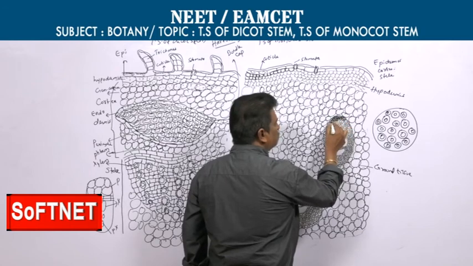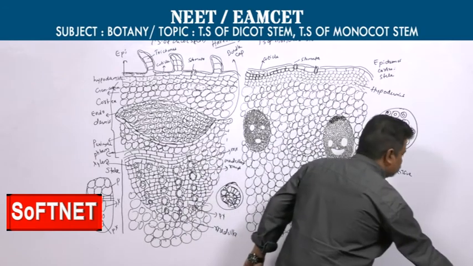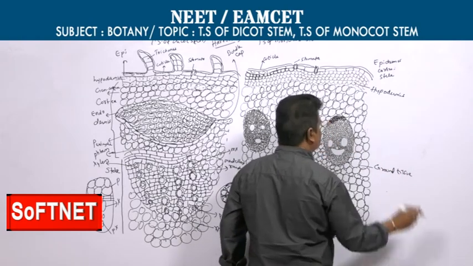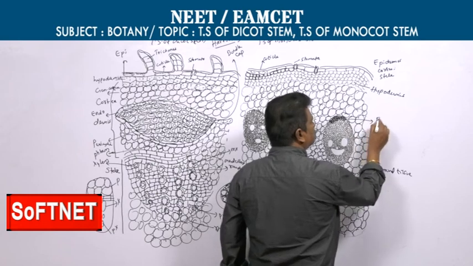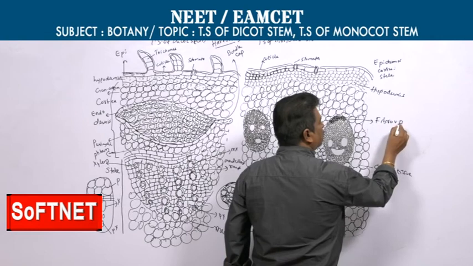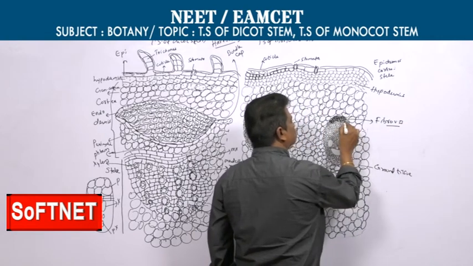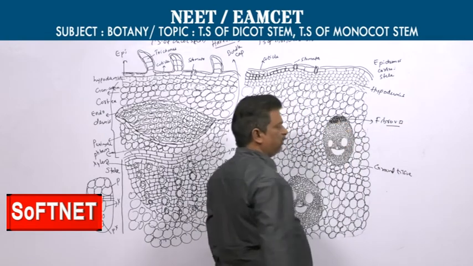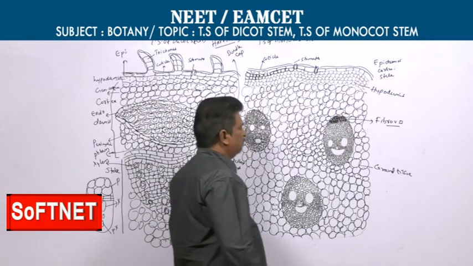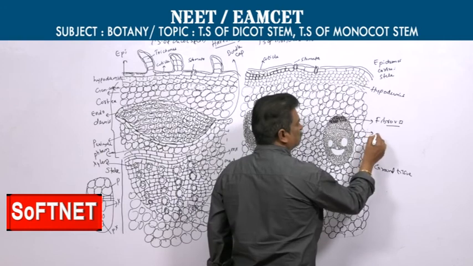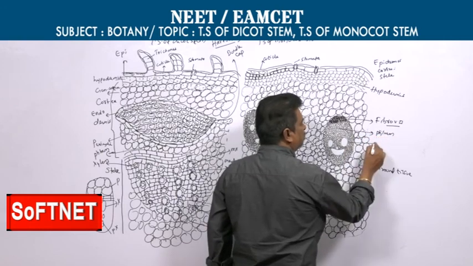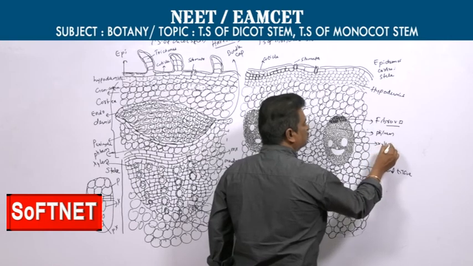Rightly, these vascular bundles are called fibrovascular bundles, because they are surrounded by a sclerenchymatous sheath. Then, the phloem is outside and the xylem is inside.